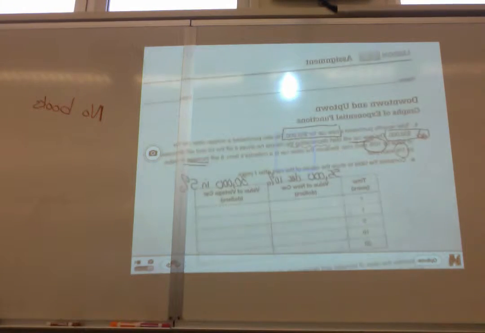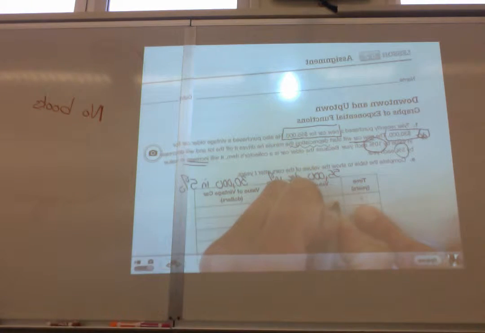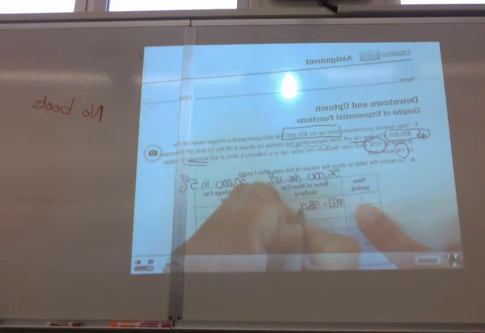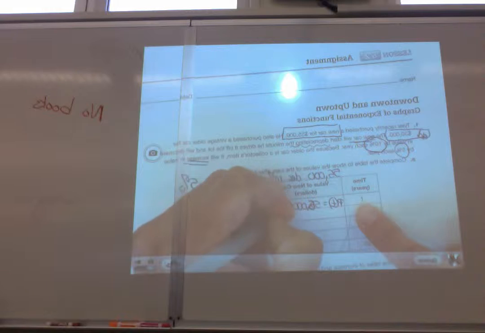Complete the table to show the value of the car after t years. We talked about this, some of us, and said I believe this is a compound function. Let's see, time t years for a compound function, P of t is going to equal 55,000. There's not enough room to write it in this little box, times parentheses.